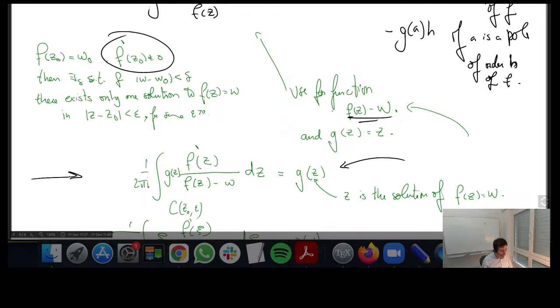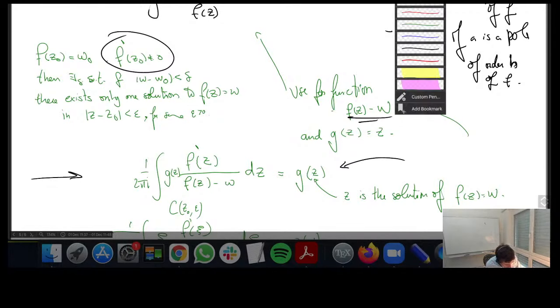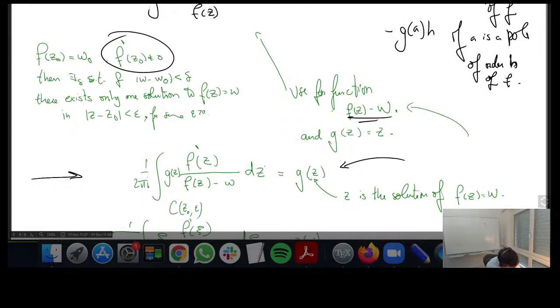Okay, so this z, maybe I should put a little prime on top, this z is the dummy variable inside the integral. So let's look at this. I know that f of z0 equals w0, and say the derivative is non-zero, then in the neighborhood there is only one solution to the equation given w. What is the z such that f of z is equal to w?